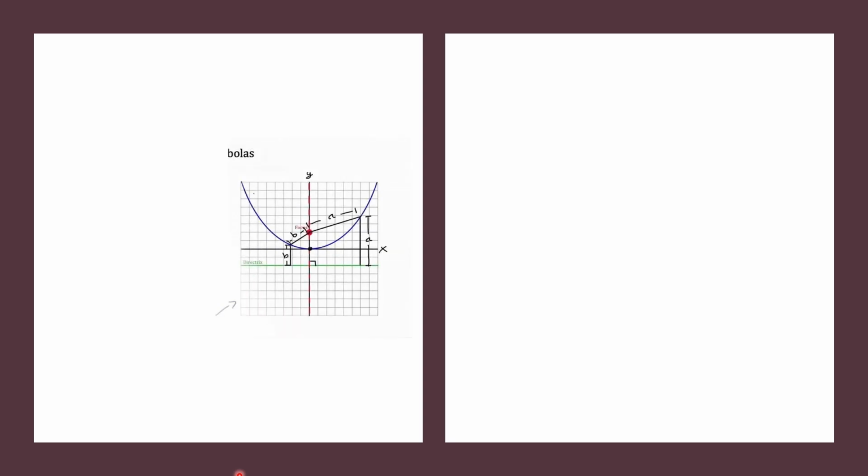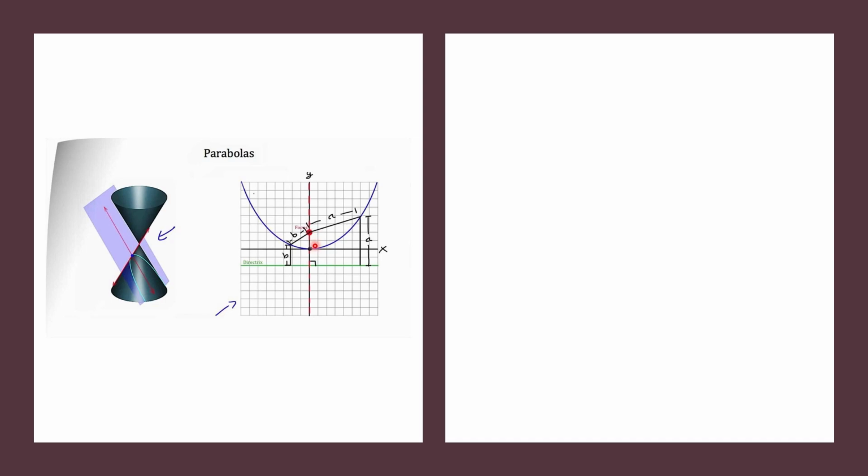The conic section that we are going to discuss is the parabola. By definition, a parabola is the locus of all points in the plane whose distances from a fixed point, which is called the focus, and a fixed line are the same.